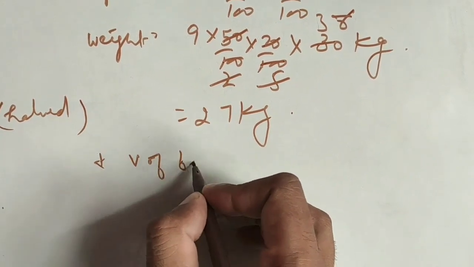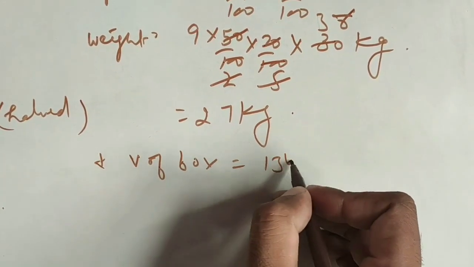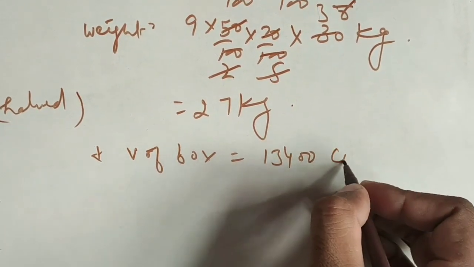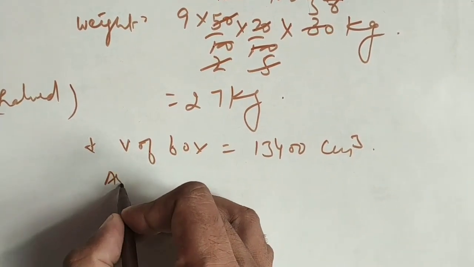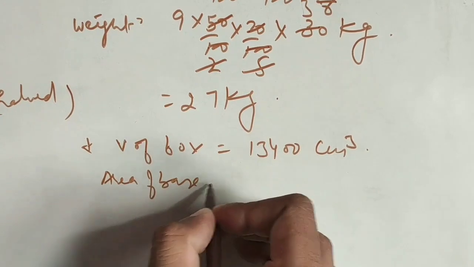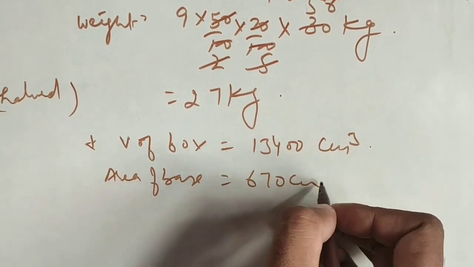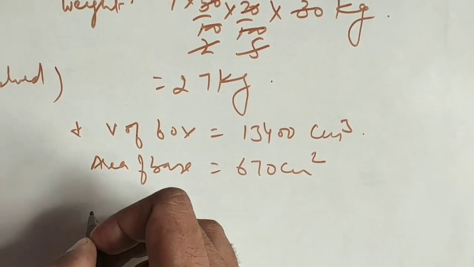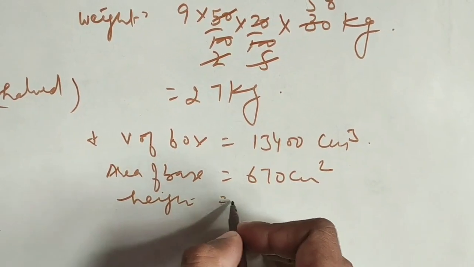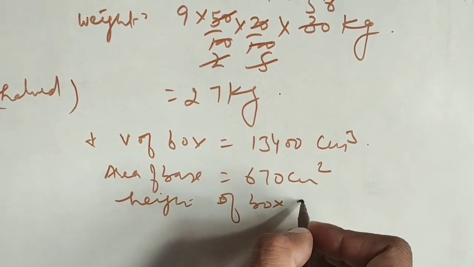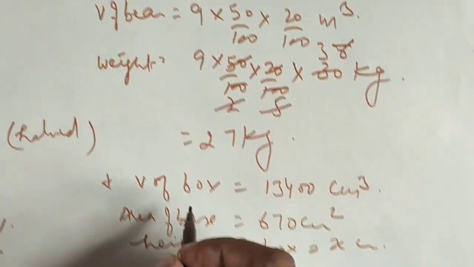Volume of box is given this time, 13,400 centimeter cube. Area of base is 670 centimeter square. We need to find out the height of the letter box. Height of box is suppose x centimeter.